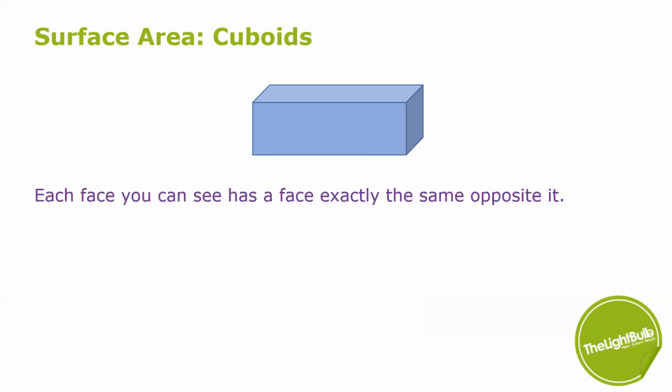Well, we can start by thinking about the shapes in terms of how many faces there are on this box. Now, we have a front face, and every face has one exactly the same on the opposite side. So we have the front face, and the same size on the rear of the object, at the back here.